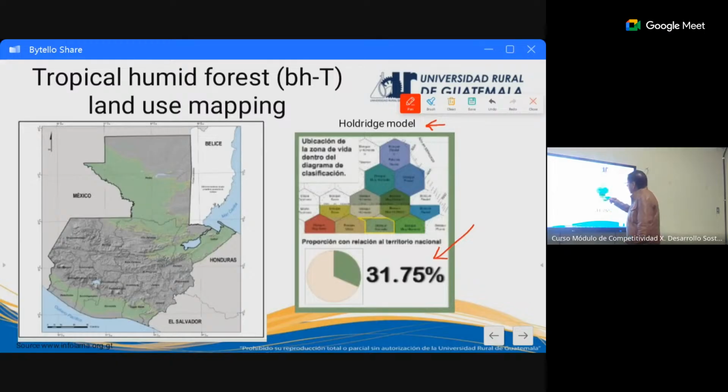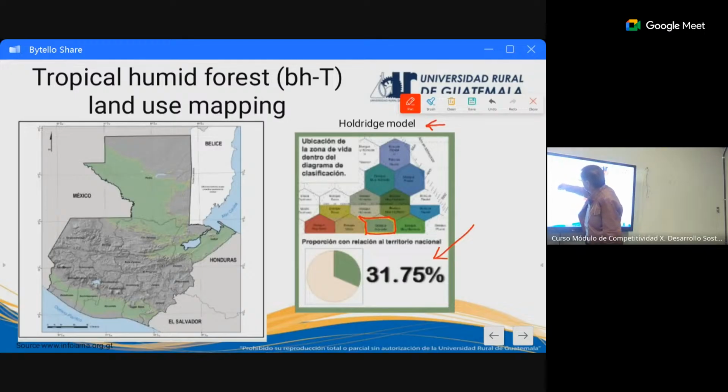We have this shade here from the Holdridge model, and this color here is over here.